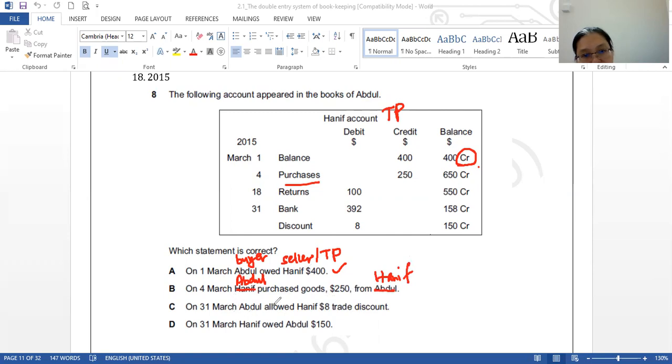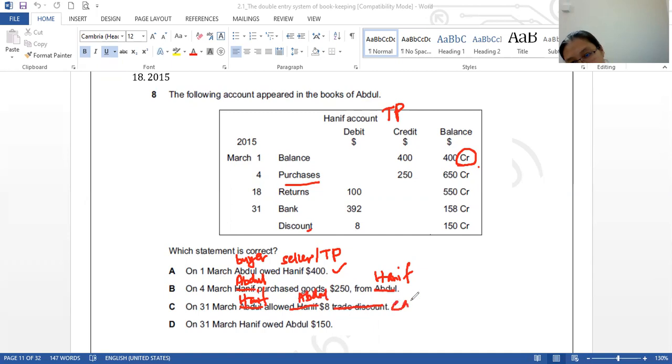Where is the Abdul? This one, 31st, is not trade discount and also not Abdul, it is Hanif, and this one should be Abdul.